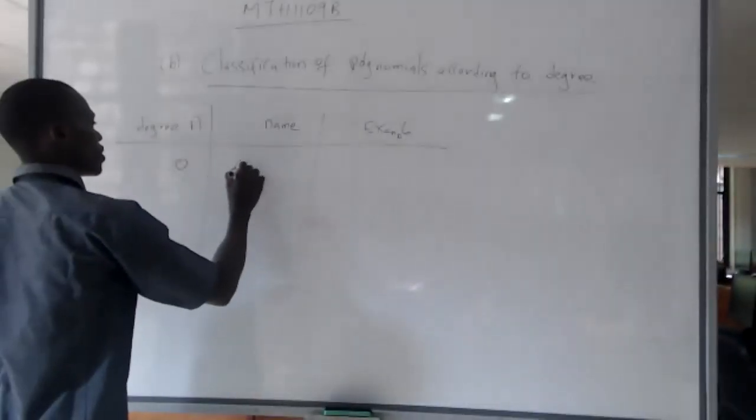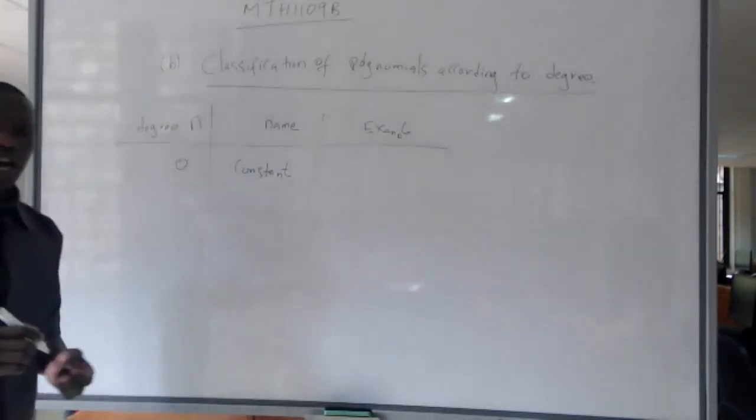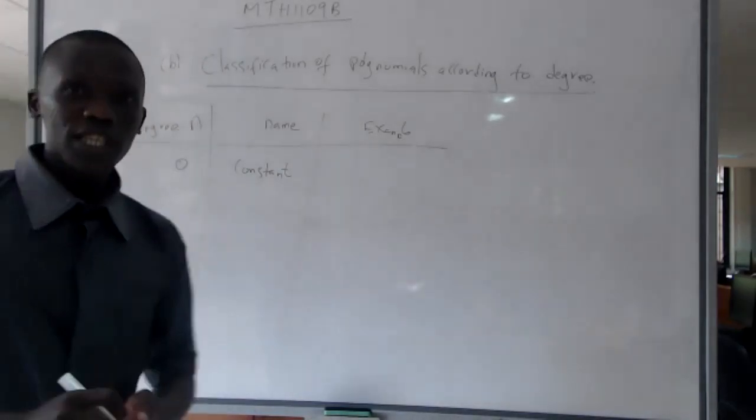Zero. A polynomial of degree 0 is called a constant polynomial. Someone asked a question: are all natural numbers polynomials? Yes, they are polynomials and they are called constant polynomials. An example, maybe 2. 2 is a constant polynomial.